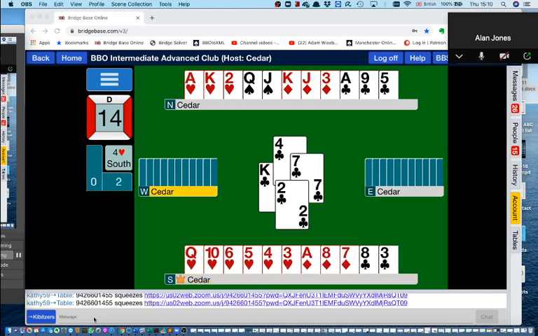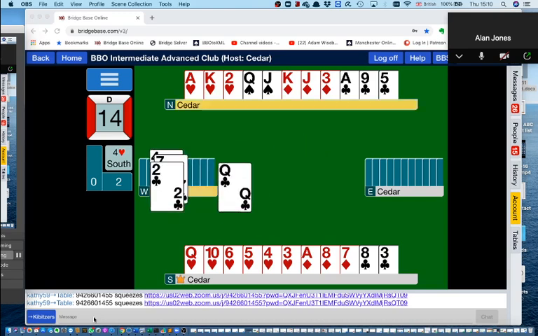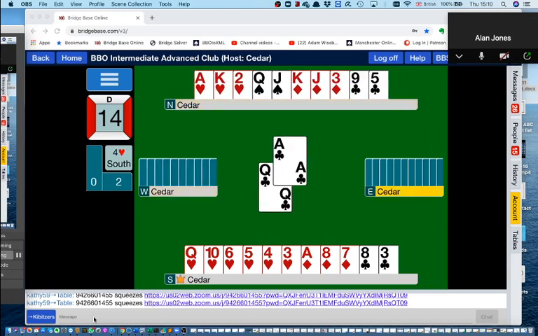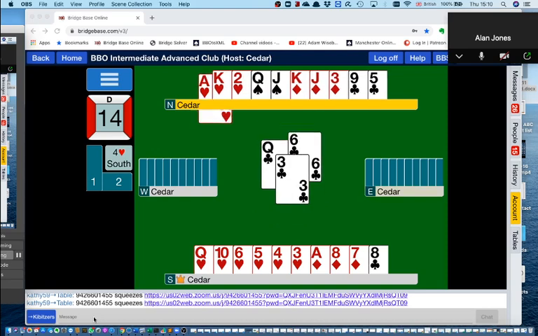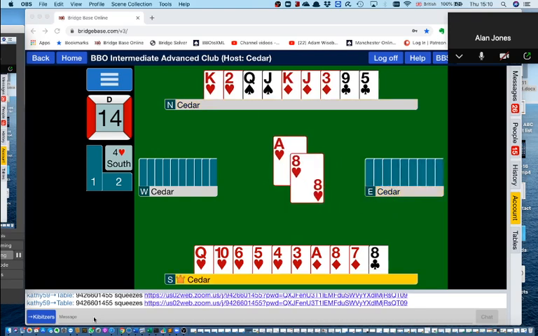I duck that because one of my chances is to set up the club trick. So, fine. And now I'm going to draw the trumps, still in my innocence, not realising... I think it matters where I end up.